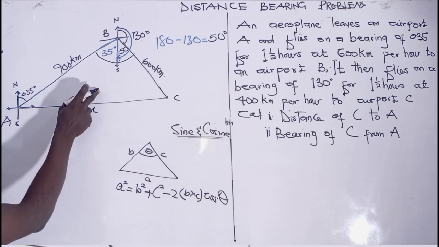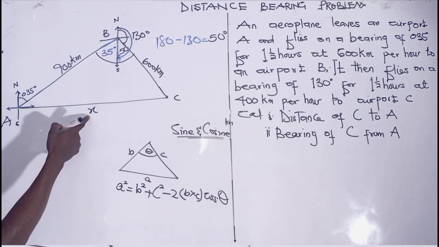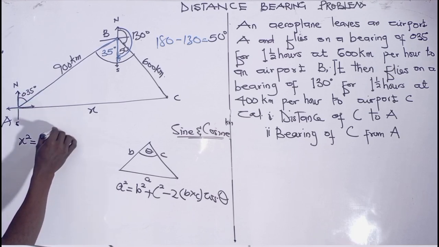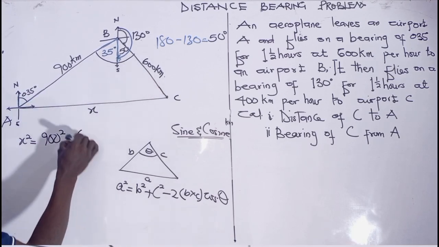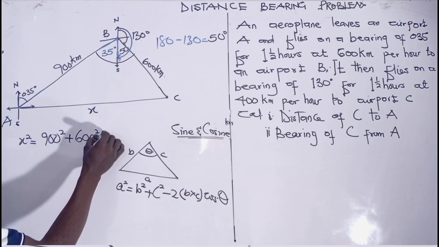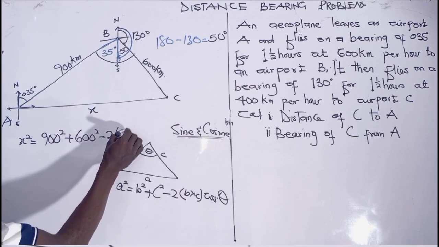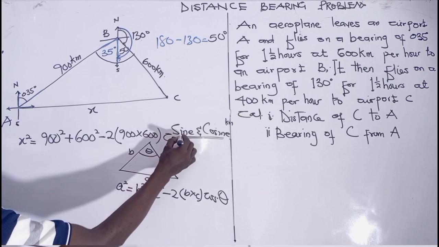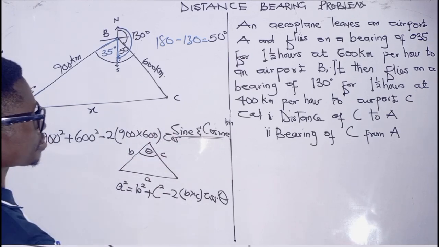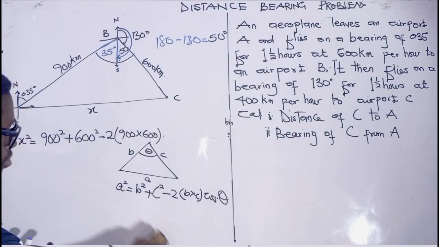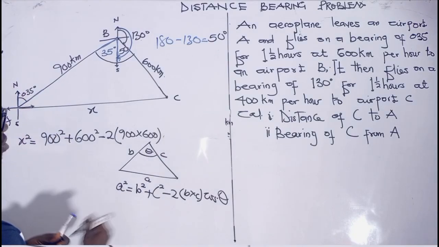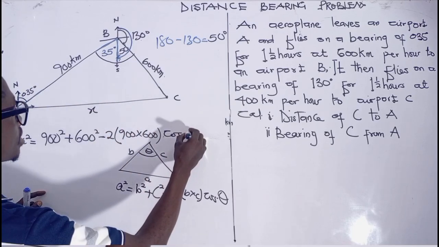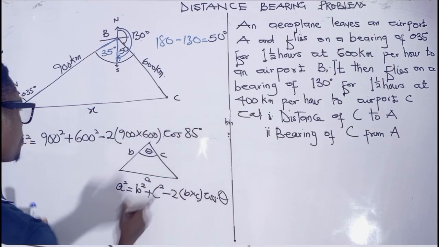So from this diagram, we can say that x squared is equal to 900 squared plus 600 squared minus 2 times 900 times 600 cos of the angle 85 degrees.